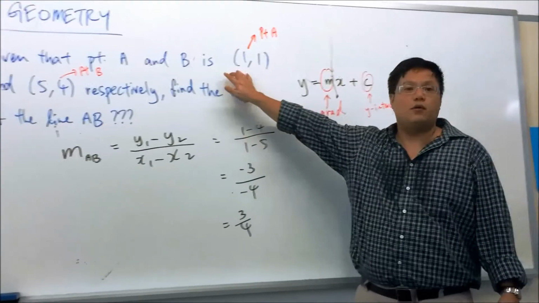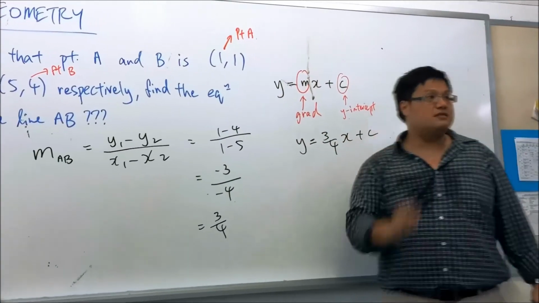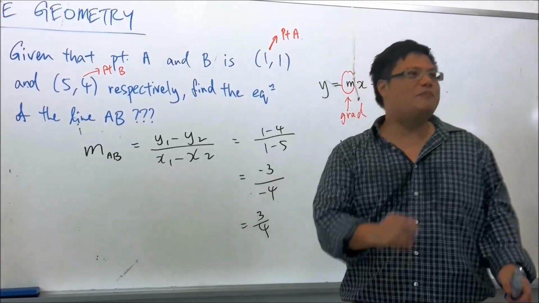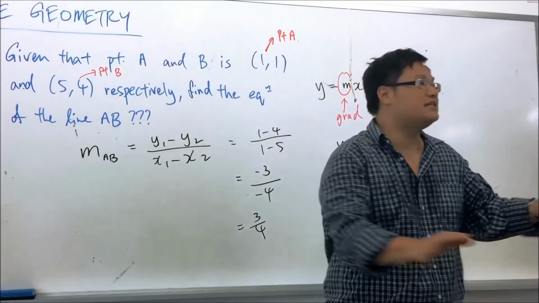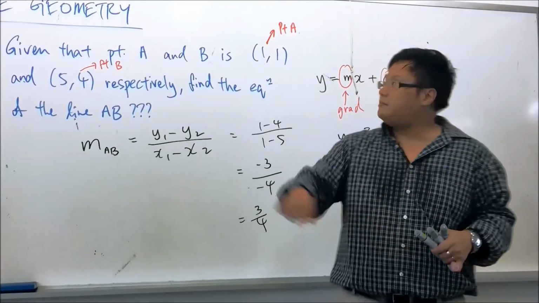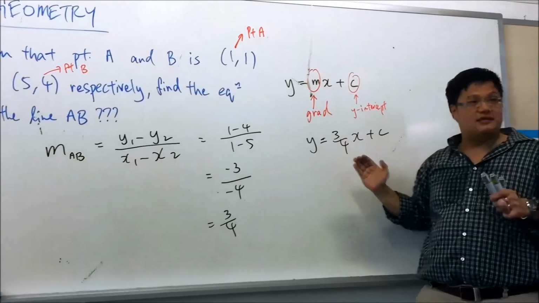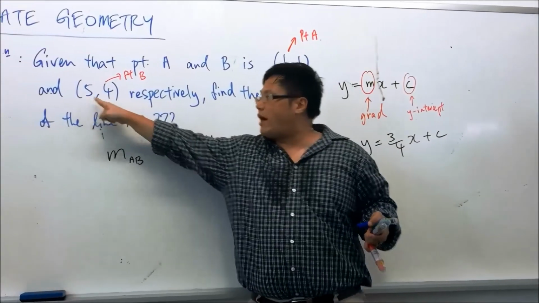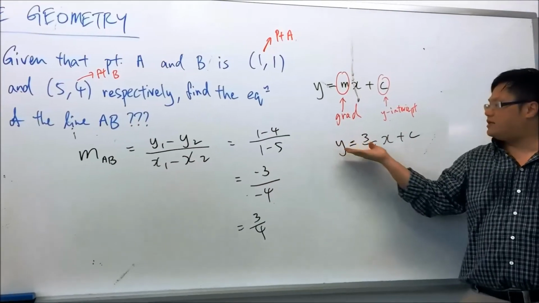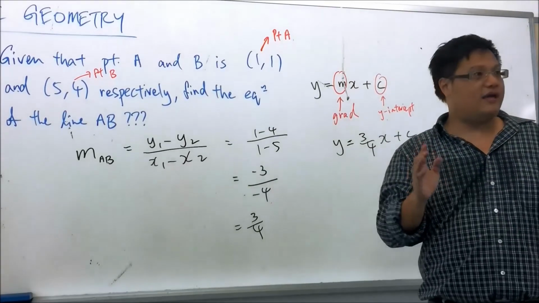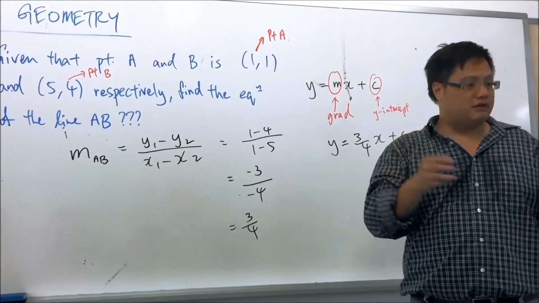If a point lies on a line, it must always satisfy the equation. That means if you sub x equals to 1, y equals 1 into the equation, it must balance. You sub x equals to 5, y equals to 4 into the equation, it must balance. So this is a strategy that we take to find the value of little c.